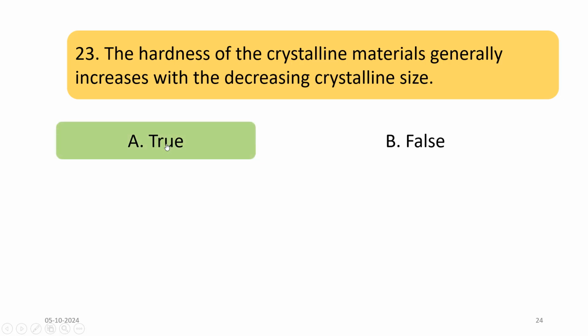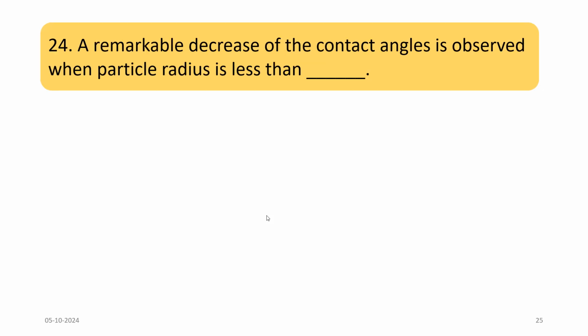What is the value of specific surface area? The value of specific surface area is S equals 6 by rho L, where rho is the density of the material and L is the length of that cube.